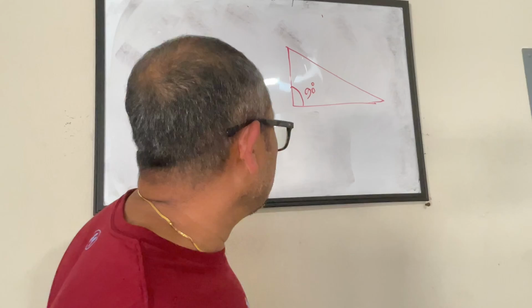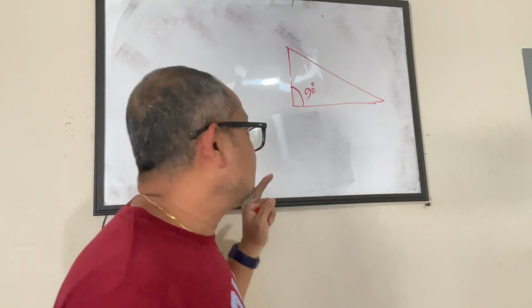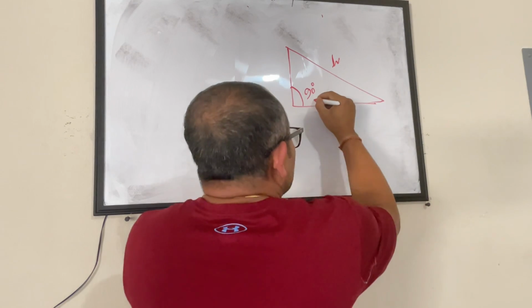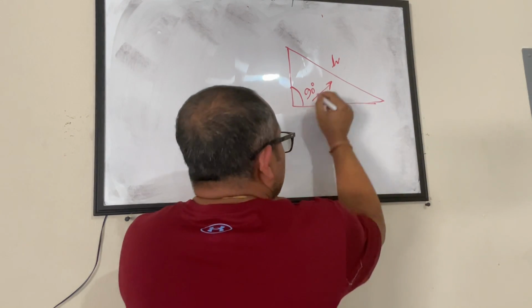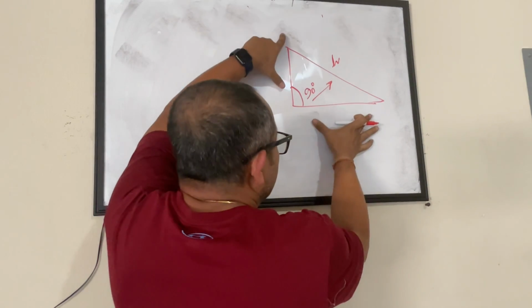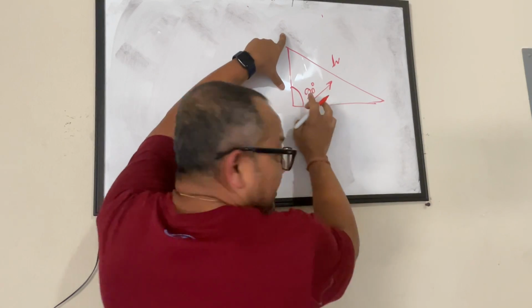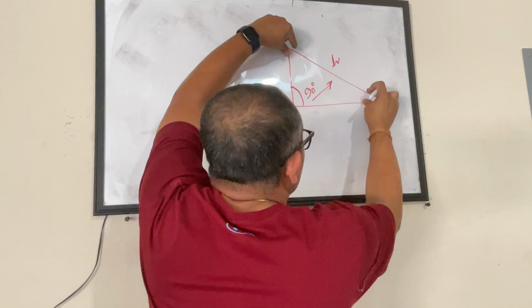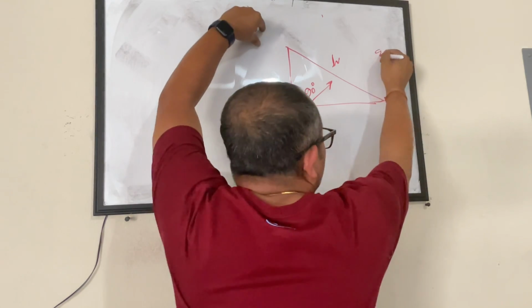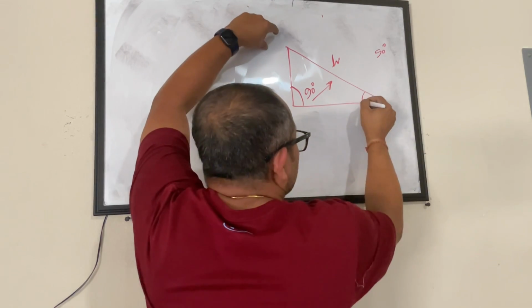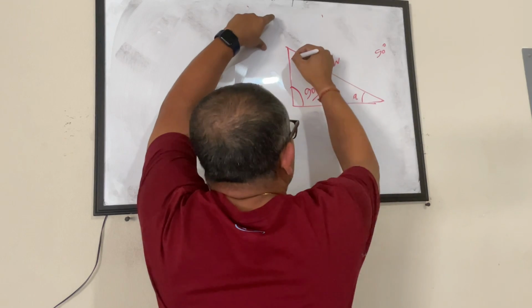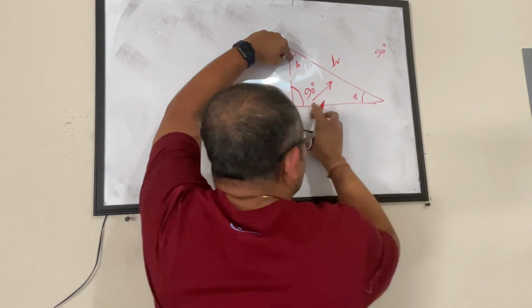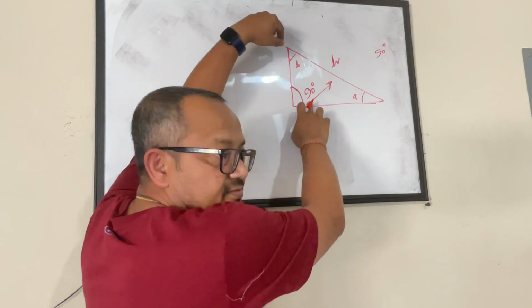So this is one thing. Another thing that we know about this triangle is, this is called hypotenuse, the side that is opposite to the largest angle. In this triangle, this is 90 degree, and this will be the largest angle because the other two angles put together would be 90 degree. Let's say this is A and this is B. A plus B would be 90 degree, so obviously this is the largest angle, right?